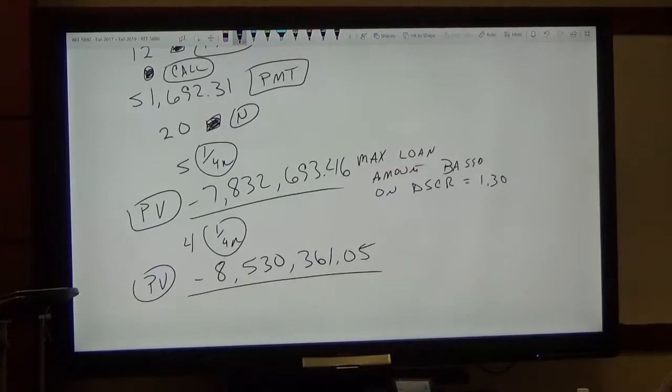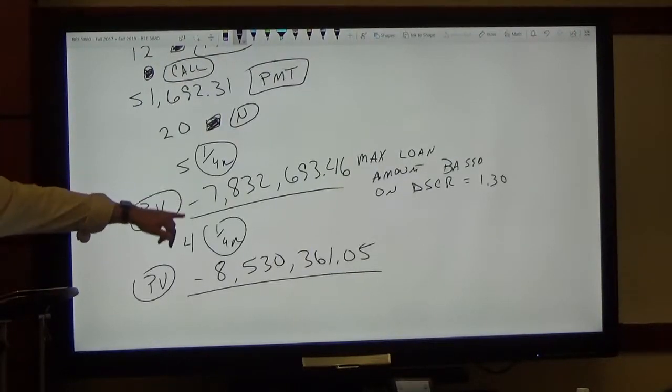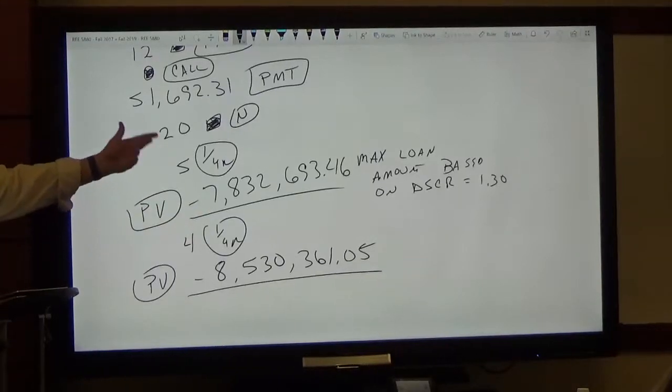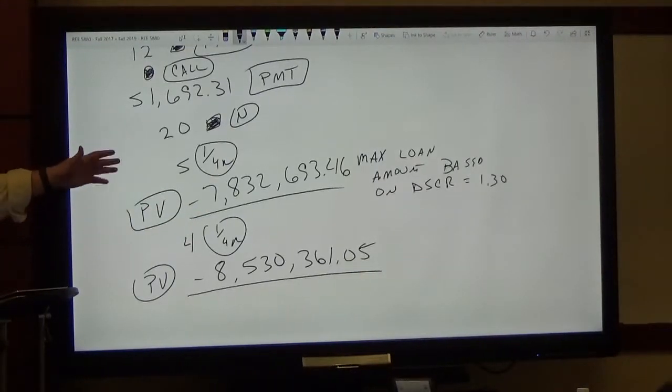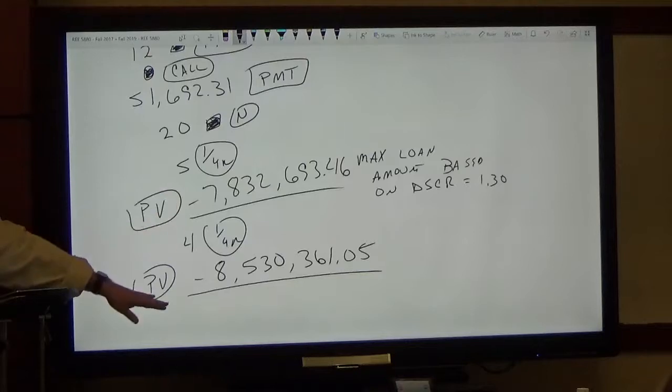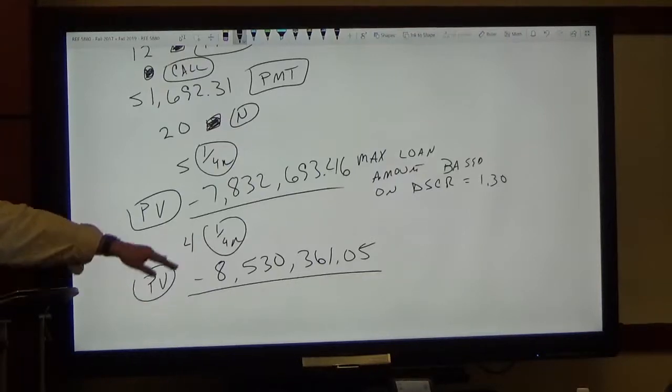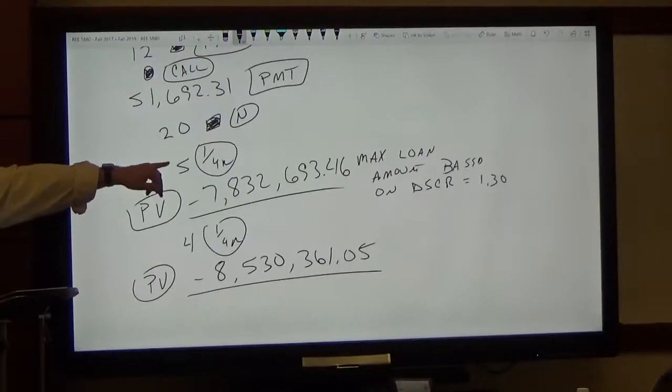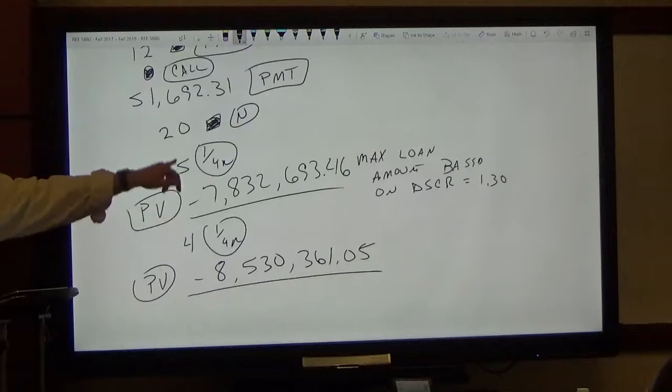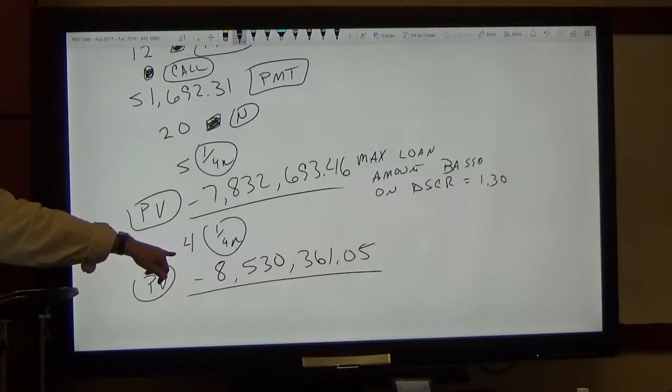So now, if we were able to get a lower interest rate from a competing lender, everything else being the same, that means that we could borrow about $500,000 or $700,000 more. The property hasn't changed. Conditions with the debt service coverage ratio haven't changed. The term of the loan has not changed. All that changed was the interest rate. Does that make sense? Yes or no?